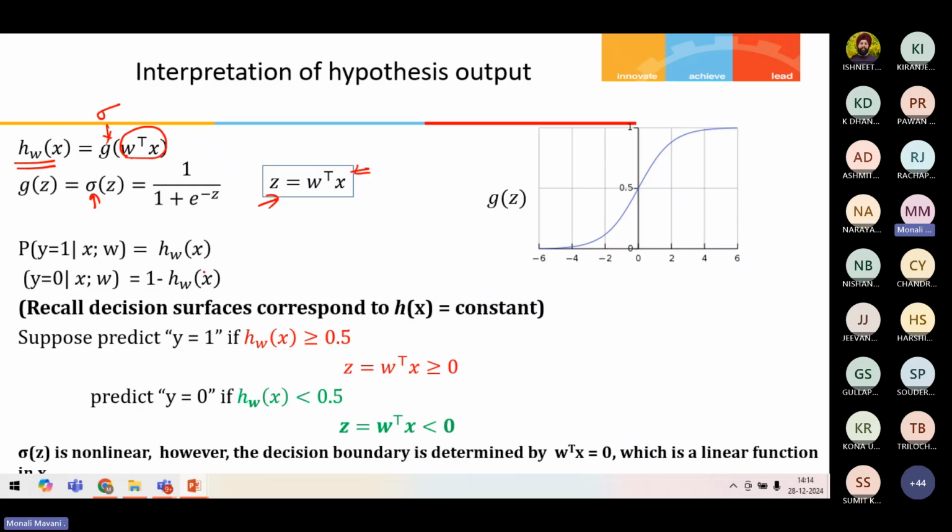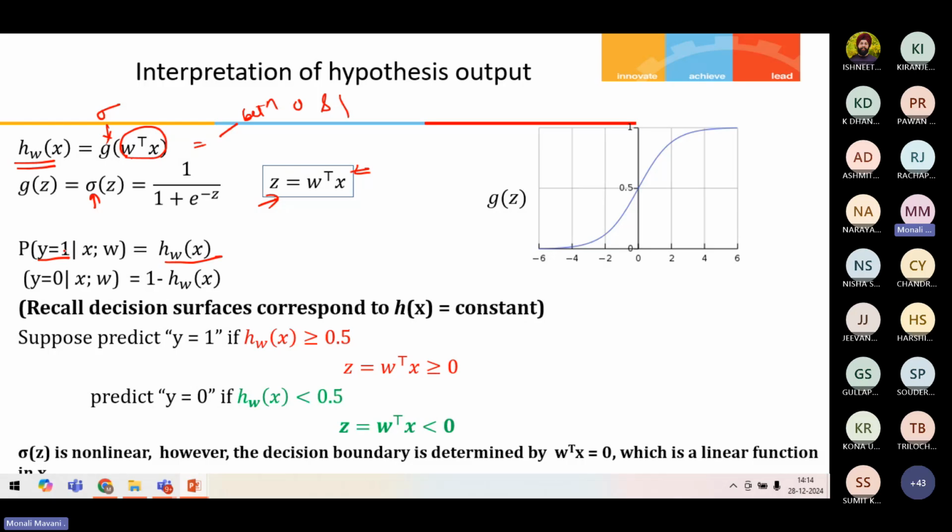We have to interpret it in terms of probability, because this is a number we'll get between 0 and 1. Whatever the output of our hypothesis function is will always lie between 0 and 1. So we have to have a probabilistic interpretation for this. Whatever the value of the hypothesis function, it is actually giving us the positive class probability. Let's consider class 1 as the positive class.